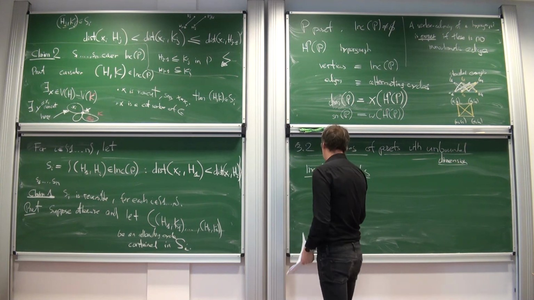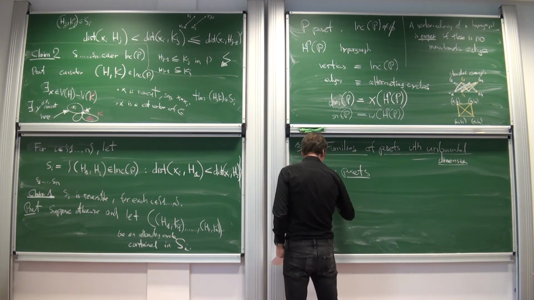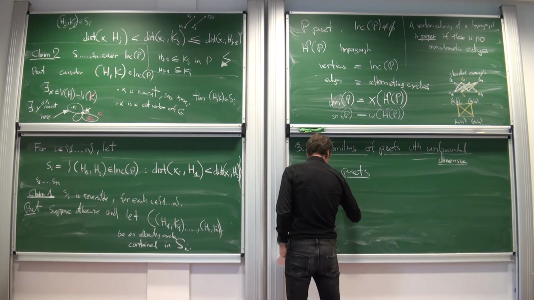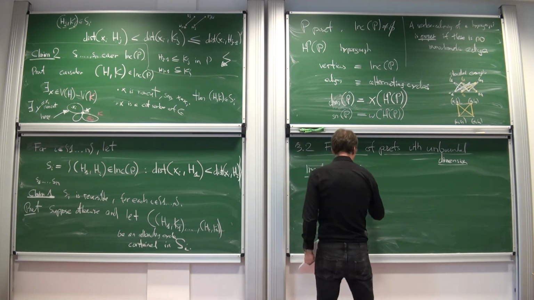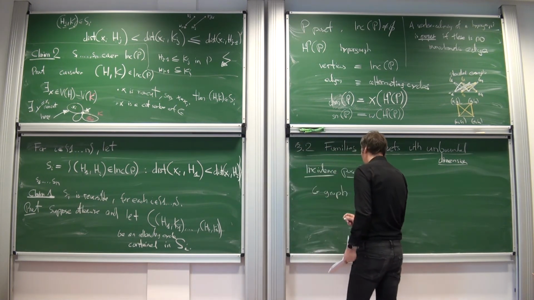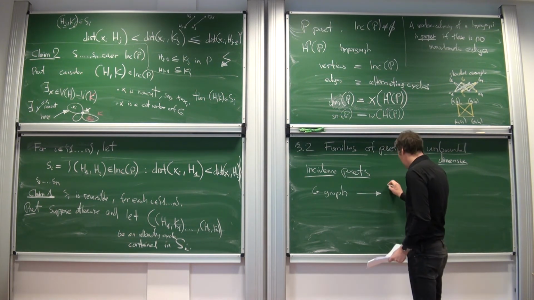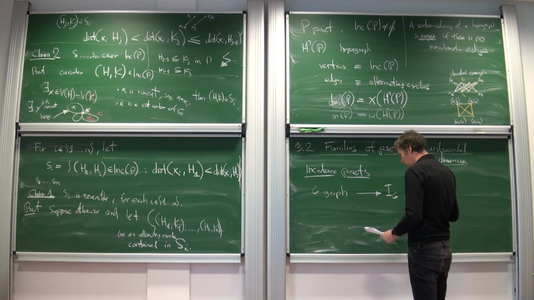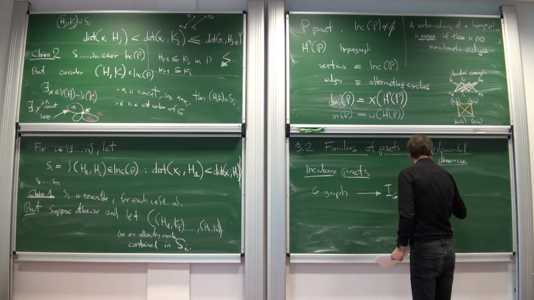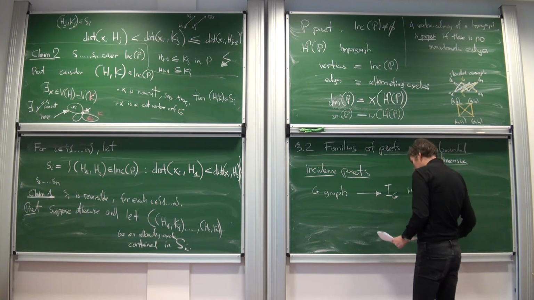So what is an incidence poset? It is a poset that is a result of some operator put on graphs. So take a graph G and then make it a poset I(G), the incidence poset of G, as follows.